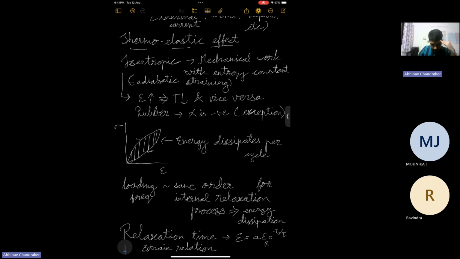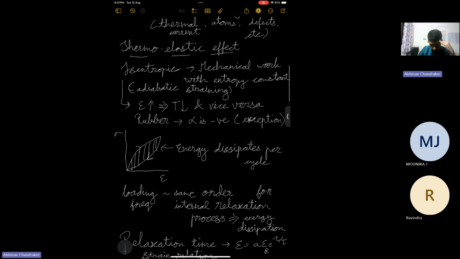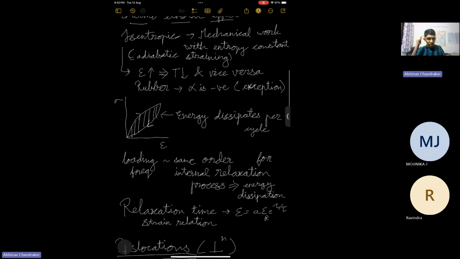Then we look at the thermoelastic effect, that is, the relationship between elastic deformation and thermal energy. I don't want to explain the whole thing, I'll just give you a gist of it. When you load, it can be that you load it so slowly that there is no temperature change.